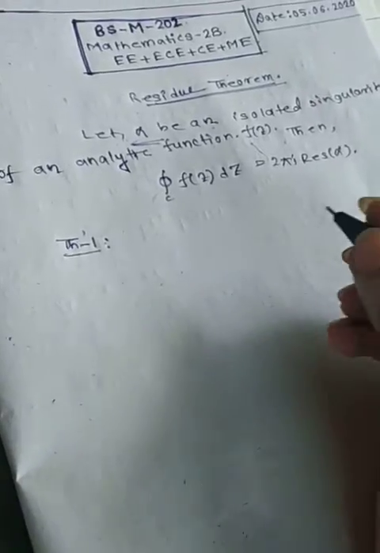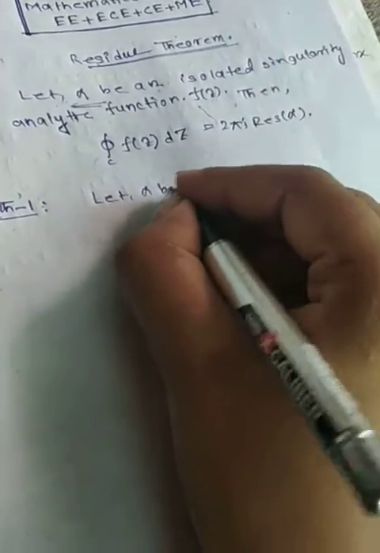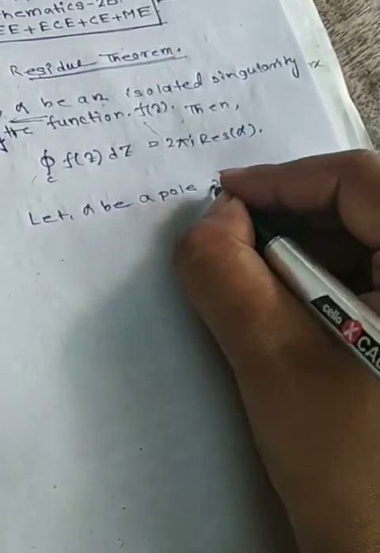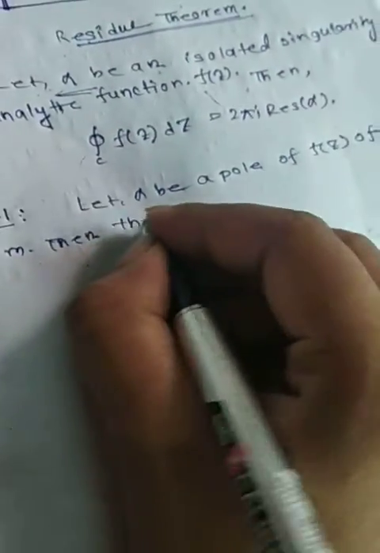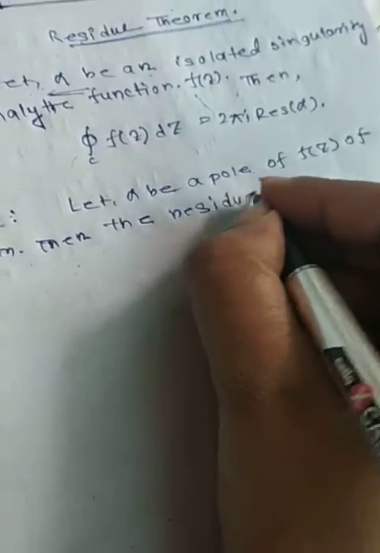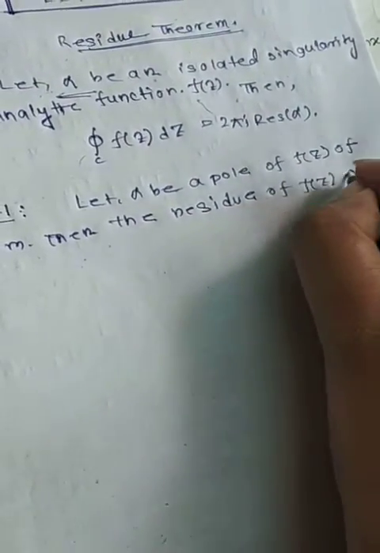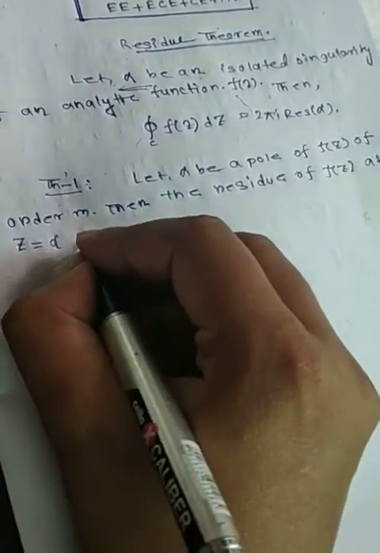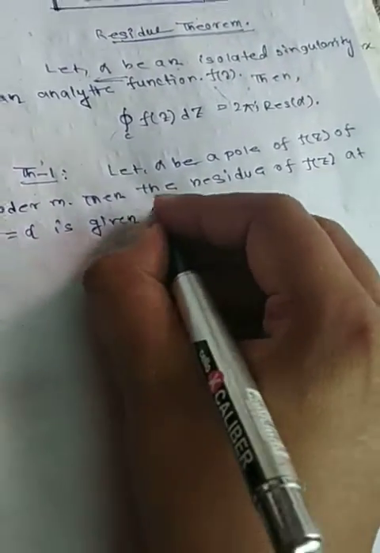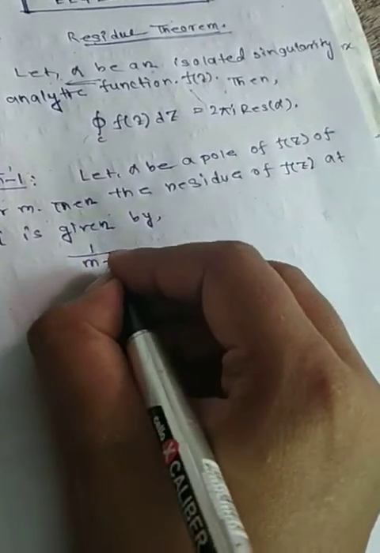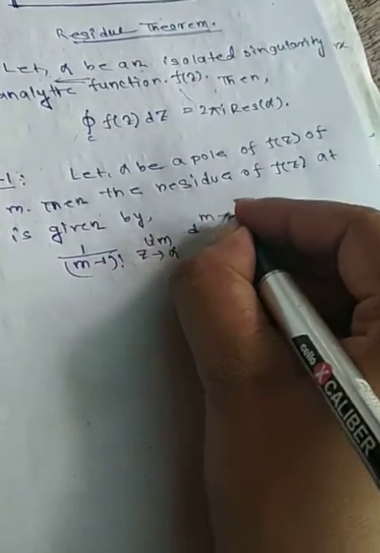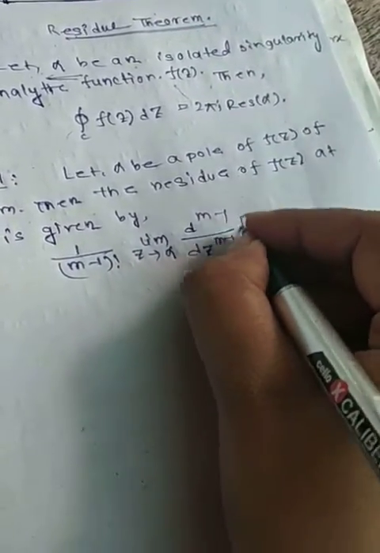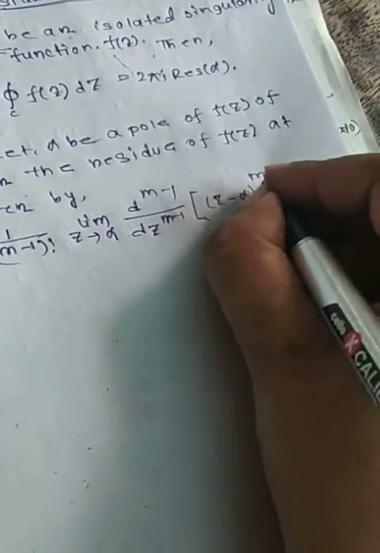Suppose alpha be a pole of f(z) of order m, then the residue of f(z) at z equals alpha is given by 1 by (m minus 1) factorial, limit z tends to alpha, d to the power m minus 1 by dz to the power m minus 1, of (z minus alpha) to the power m f(z).